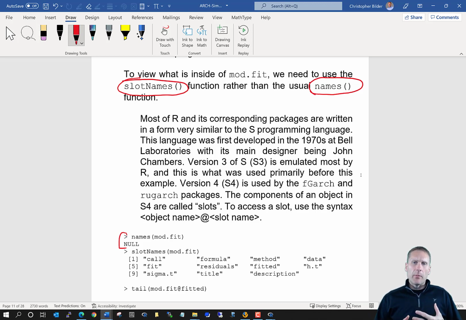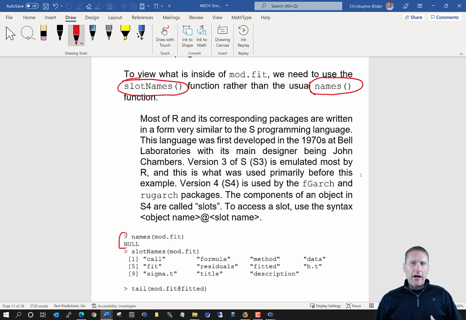And R is based upon a version of the S language called S version 3, or people just often say S3. Almost all of R is still based upon that language syntax. It's not exactly S3, but it's based upon the same ideas that were introduced then.